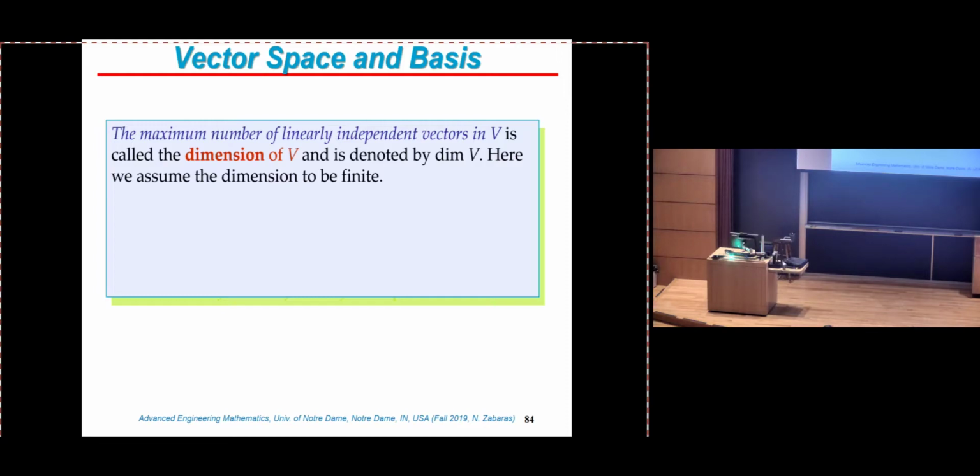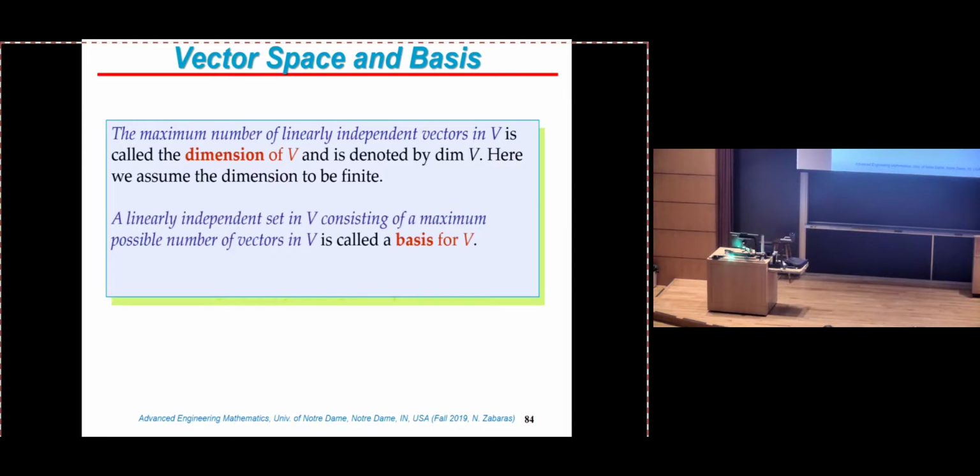Obviously, in this case, to make things easy, we assume that the dimension of the vector space is not infinite, okay? And if you take the maximum number of linearly independent vectors in that space V, then we call that the basis of the vector space. I think we talked about this in the lecture last week.